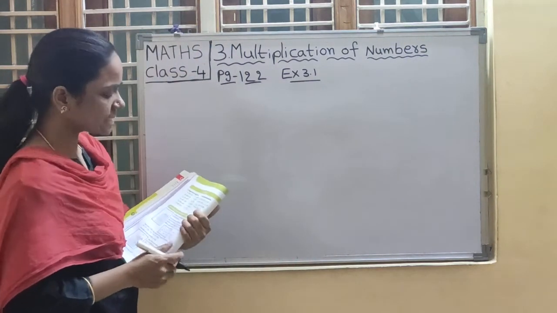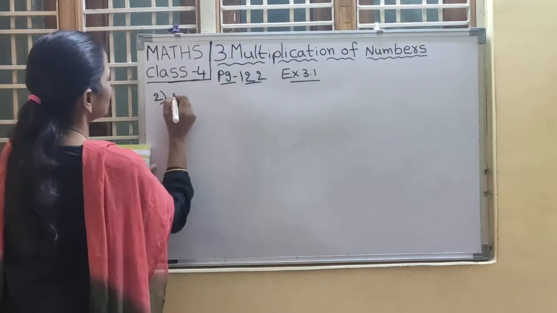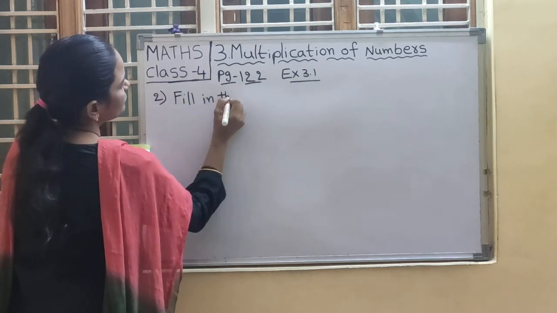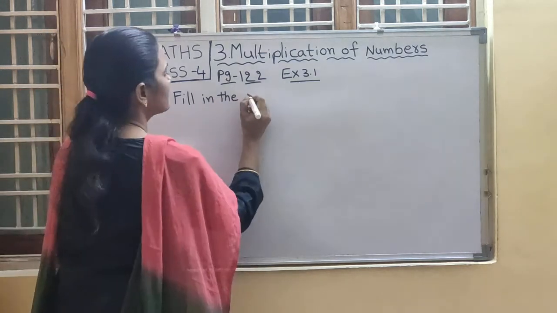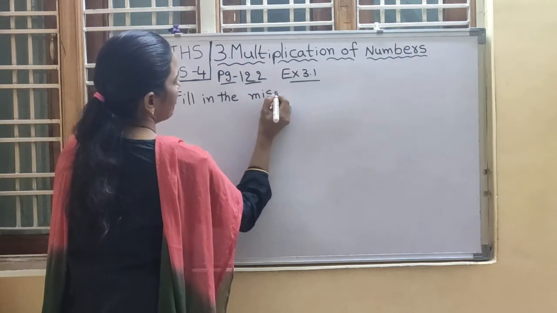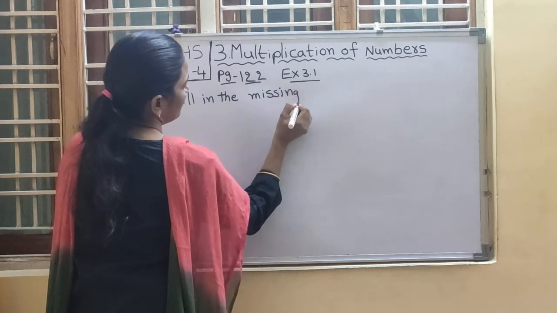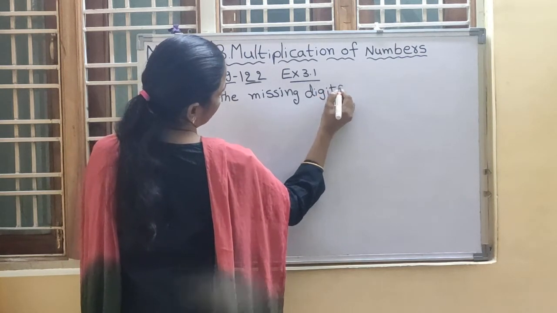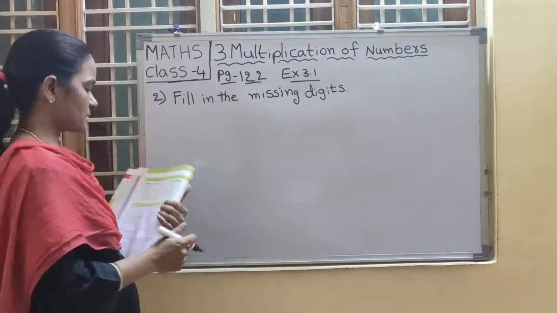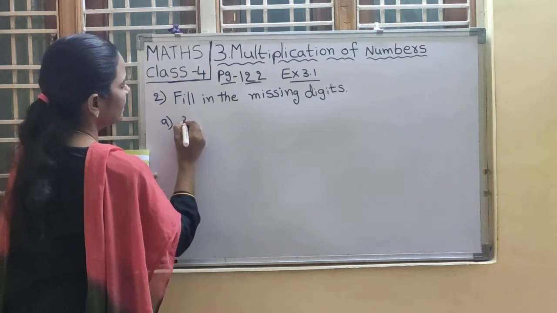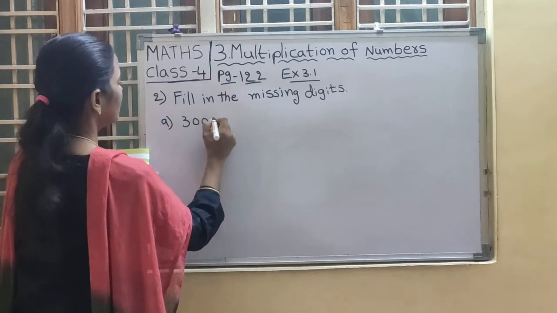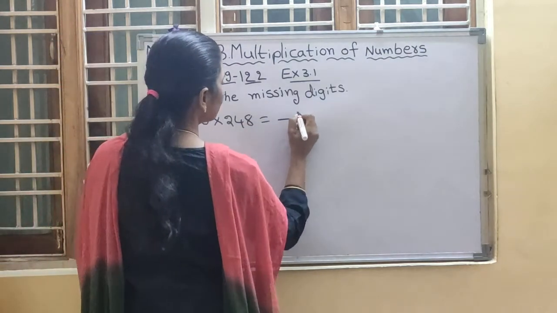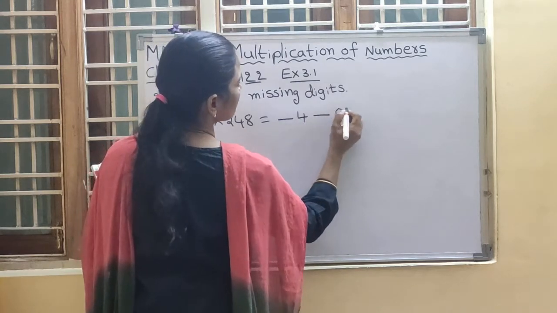I want to take the second bit: fill in the missing digits. 300 into 248 is equal to dash 4 dash 0 0.